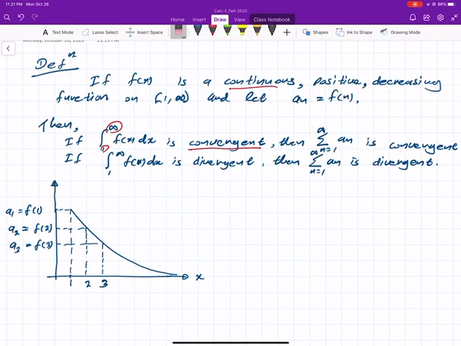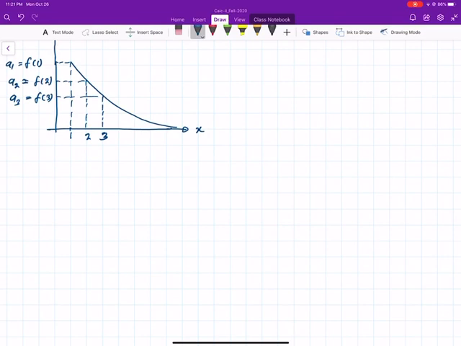Let's move to problem solving. And let's move to the first example. Example number 1. You have to find whether this series is convergent or divergent.